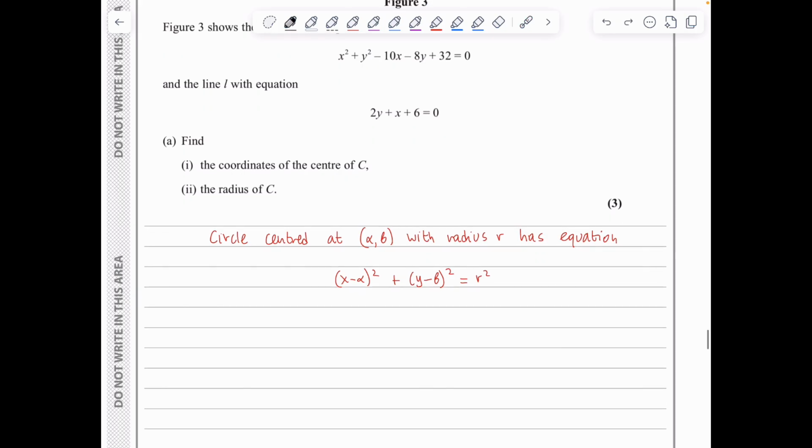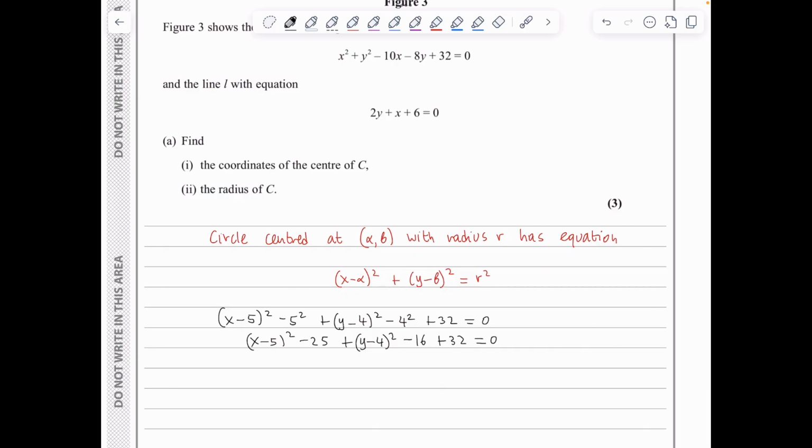So we've got (x minus 5) squared minus 5 squared plus (y minus 4) squared minus 4 squared plus 32 is equal to 0, which leads to (x minus 5) squared minus 25 plus (y minus 4) squared minus 16 plus 32 is equal to 0.